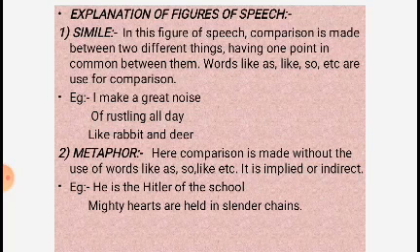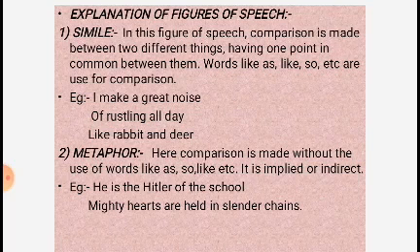The first is simile. As you all have studied in the lower classes, simile shows comparison. For example, as cold as ice, or as clear as crystal. So wherever you see the words like as, like, or so in a poetic stanza, that means it is showing comparison.